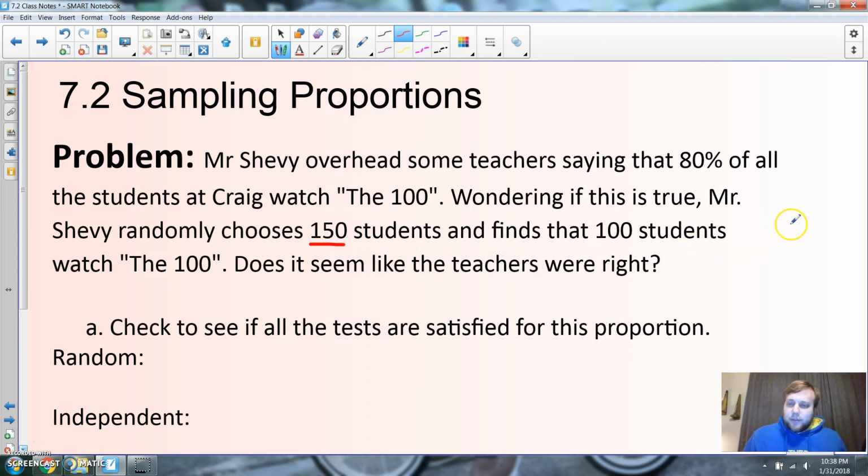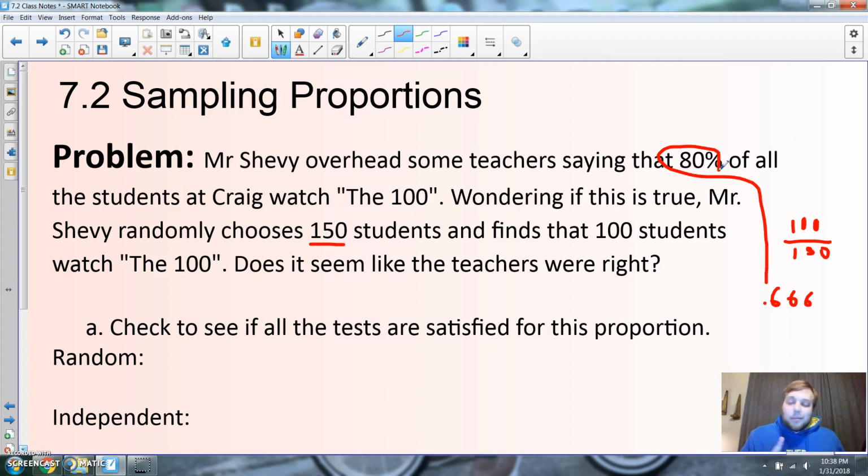Well, at first guess, you're probably like, dude, 100 out of 150 students, that's like what? 2/3, which is like 66%. So you'd probably be like, no, that's not 80%.